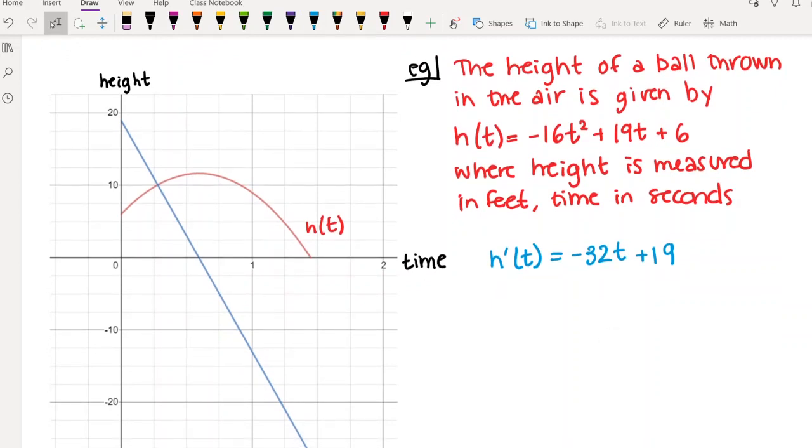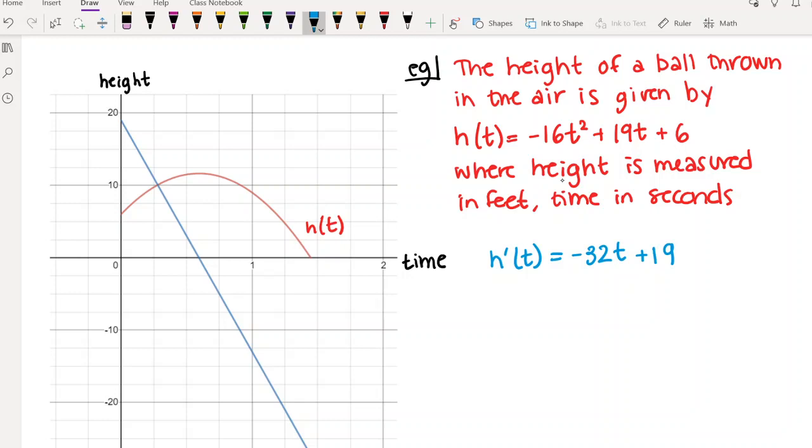So let's think about what that tells us about this situation. h prime of t would be the rate of change of the height of the ball. And rate of change of position in general is something that's called velocity.